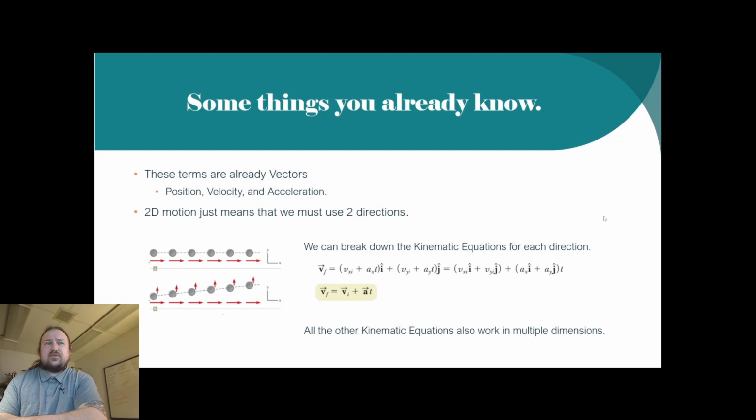And all 2D motion means is that we're just going to use the 2 directions that we know of. Once we know how to do 2D, we can also do 3D, or you can go into multiple dimensions if you want, without change.